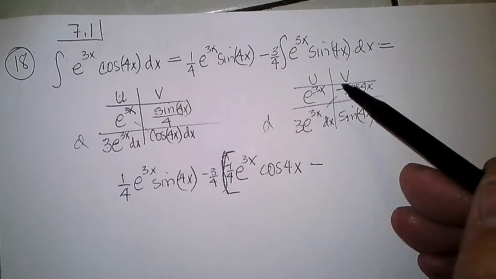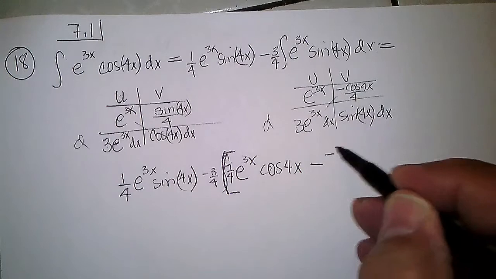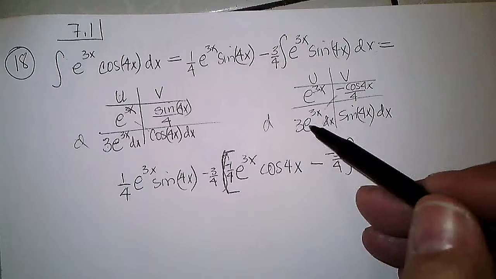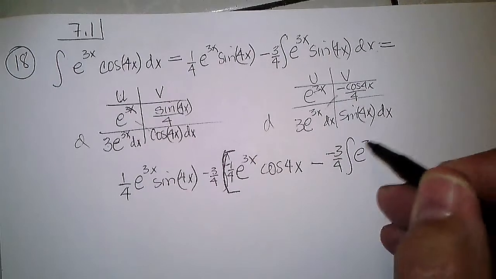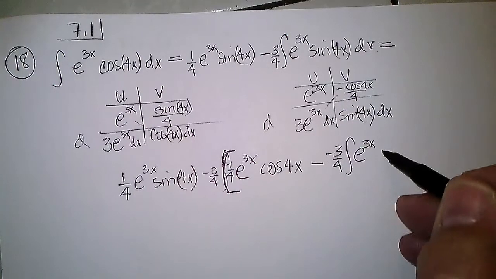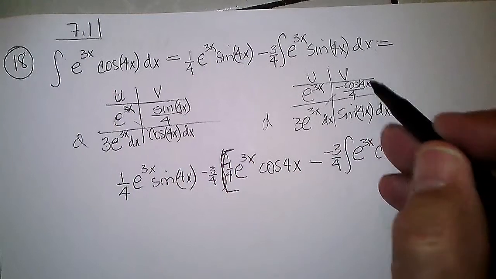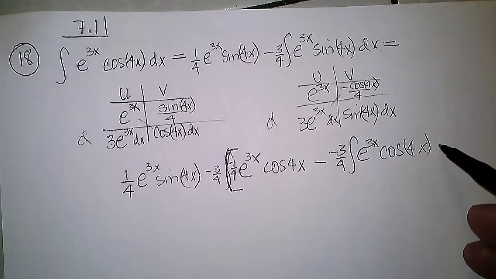So that'd be a minus 3/4 integral of e to the 3x cosine 4x dx.